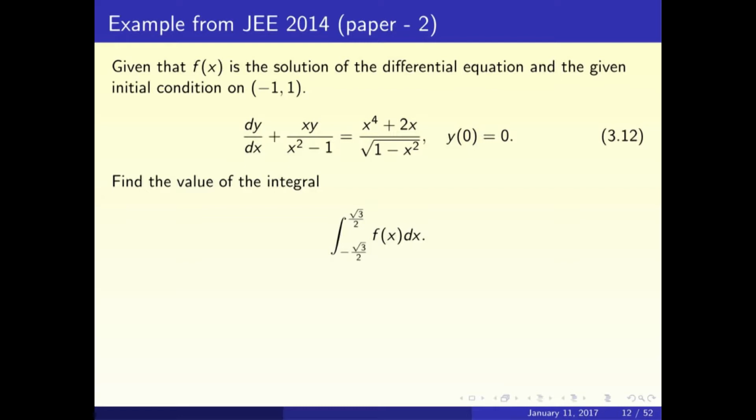So instead of giving you 3.12, they may give you x squared minus 1 into dy by dx plus xy equal to x to the power 4 plus 2x multiplied by minus square root of 1 minus x squared. If such is the case, then you must divide by the coefficient of dy by dx.